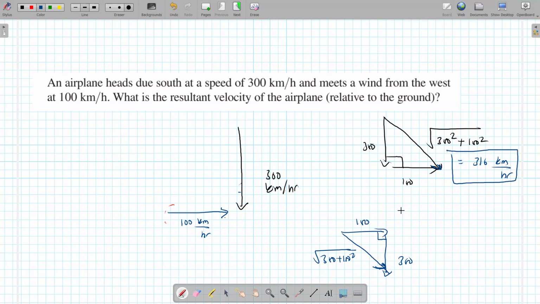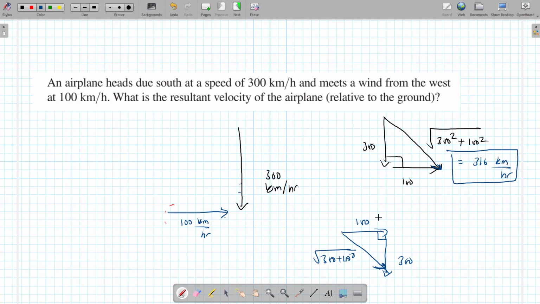Make sense? Did we answer the question? What do you think? The direction's not there.